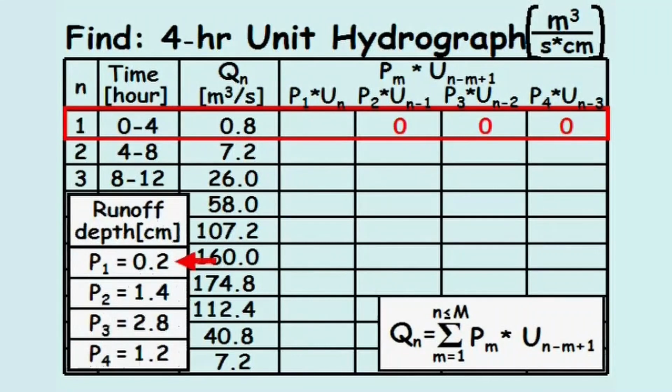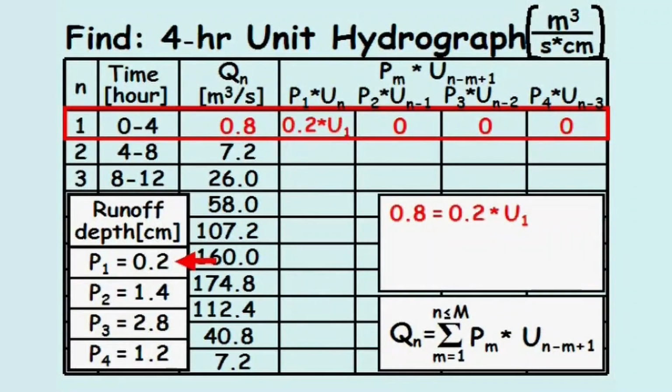From our data table, we recall the runoff depth for this first 4 hours is 0.2 centimeters. Therefore, 0.8 meters cubed per second equals 0.2 centimeters times u sub 1. In solving for u sub 1, it equals 4 meters cubed per second of runoff per centimeter of excess rainfall.